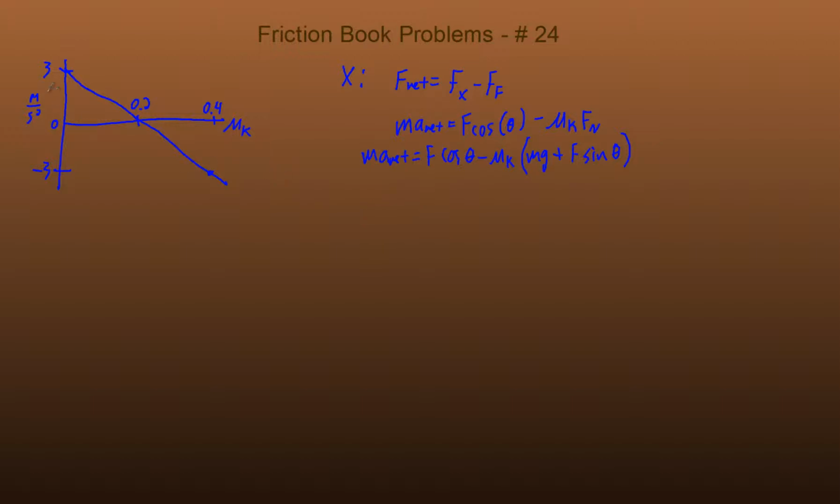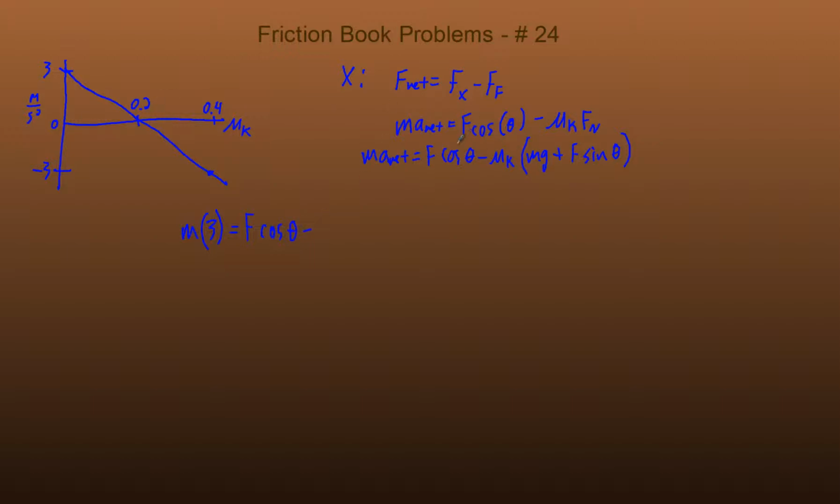So let's start plugging points in here. Well, at 0 mu, in other words, at a frictionless surface, our acceleration is 3 meters per second. So let's plug that in. So m times a is 3 over here. I'm going to leave it unitless. That's going to equal F cosine theta minus 0.